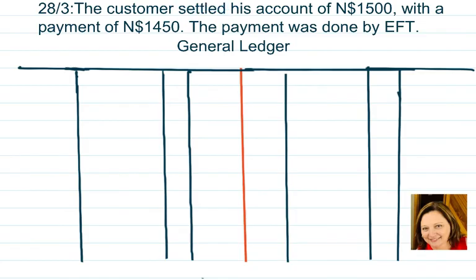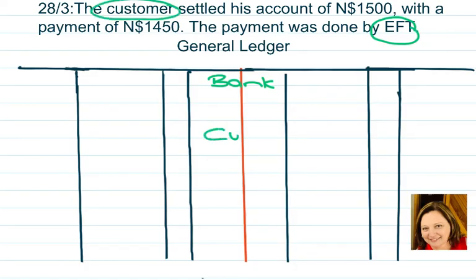It means the difference between the amount outstanding and the amount paid is then discount. And this payment was done by EFT. Let's quickly look at our accounts. We have EFT, which is bank. I have a customer.